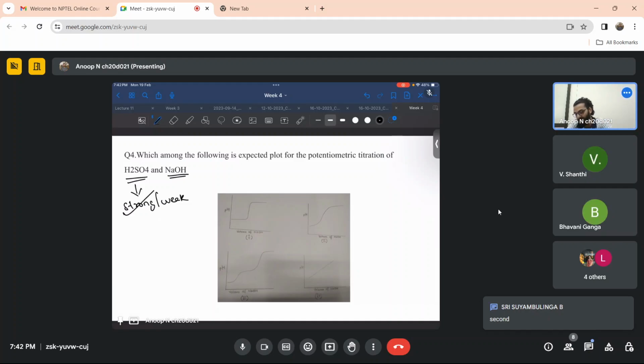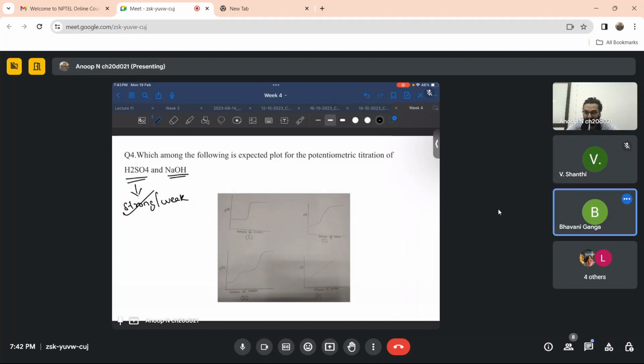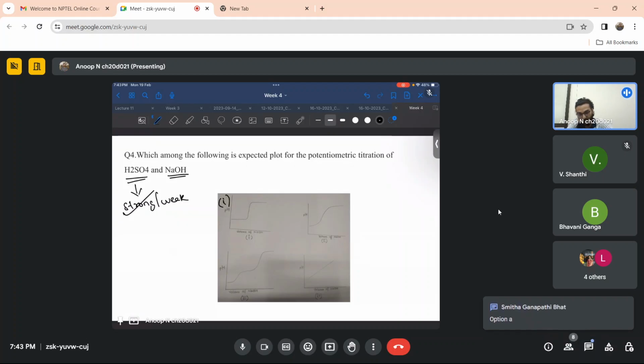It is a strong acid. So for a strong acid, which will be the plot, pH versus volume of NaOH? Which one can we expect? A, B, C, D, 1, 2, 3, 4. Option A is the correct answer.